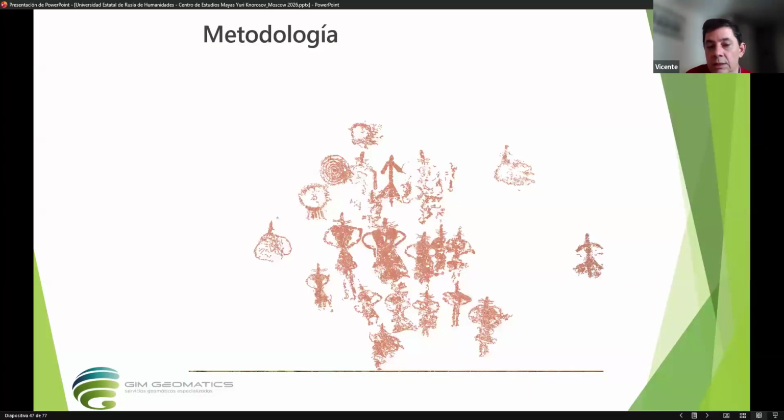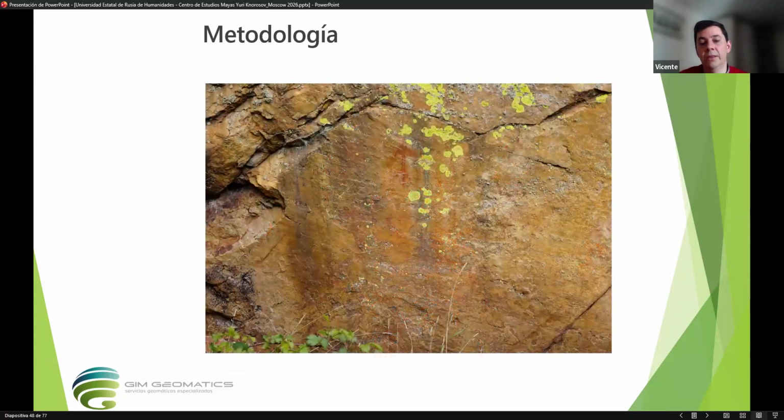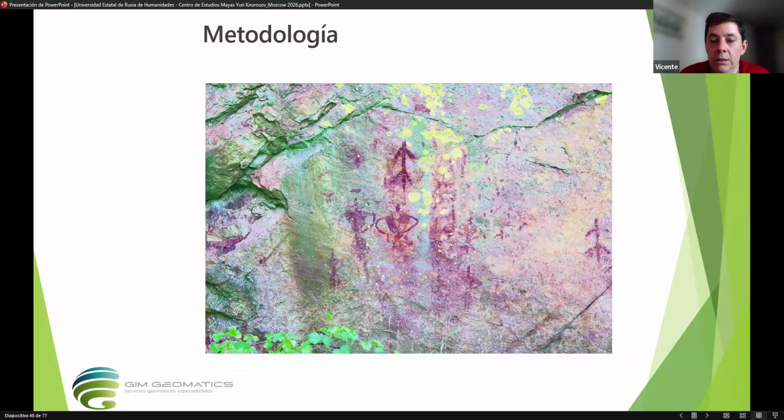This is what you see, and this is the thing that appears. This was a dance scene with women, suns, spirals, and all that. So it's very useful because you can separate the visible from other parts of the spectra to show the figure.